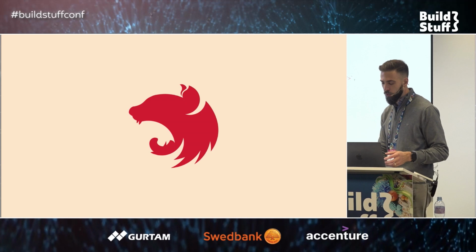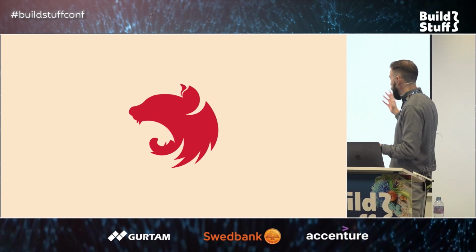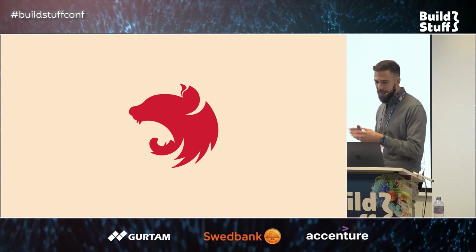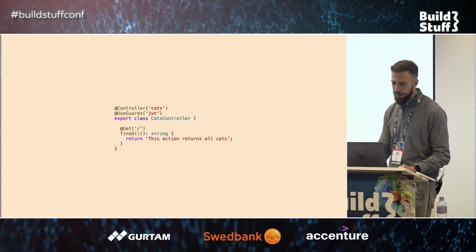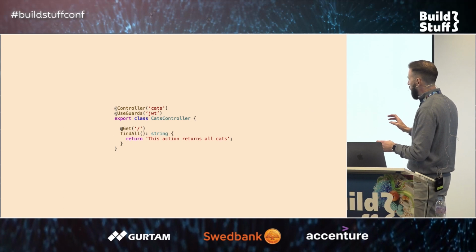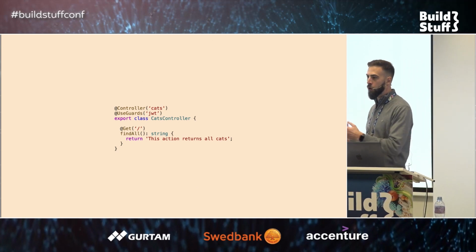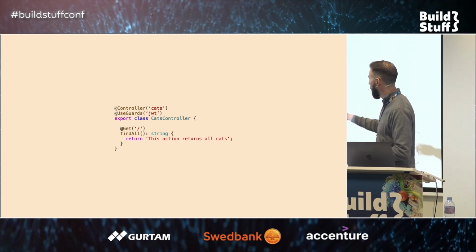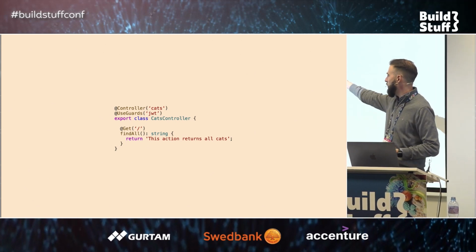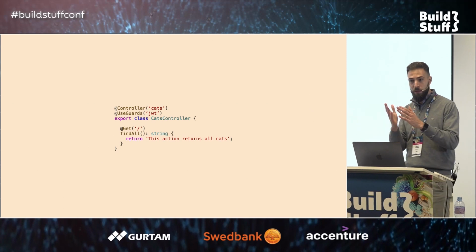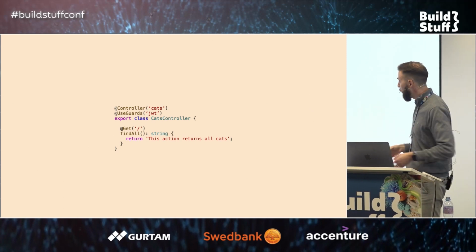Another good example would be NestJS. So NestJS is a backend framework. It's heavily inspired by Angular, and in there we could use this to build our controllers, right? To build our routes. So this could be our cat controller. We say add controllers to say this is on /cats should be available.